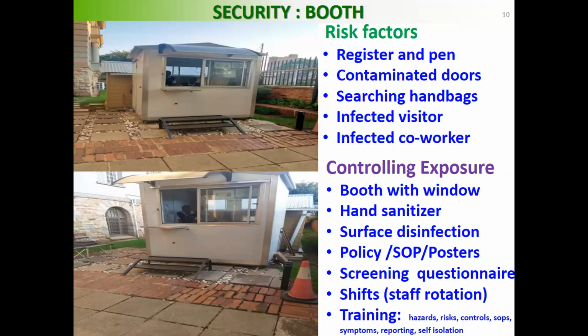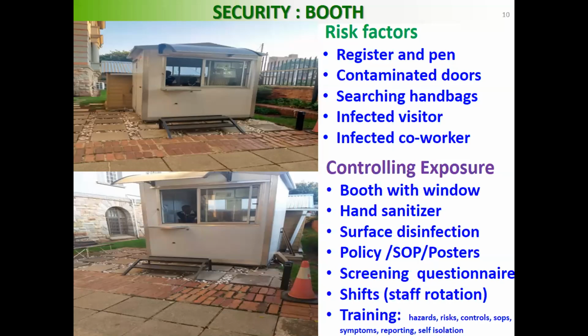Think about that to avoid transmission from one person to another. And you can see here, there's 2 of them. Also consider controls to put into place, educate them so that they know the distance they must keep and what practices they should do. Have some kind of posters or awareness there to educate the visitors, as well as our security, so that they know their hazards and risks.